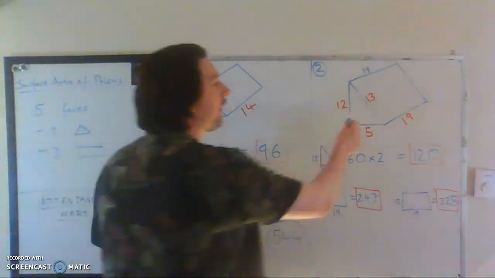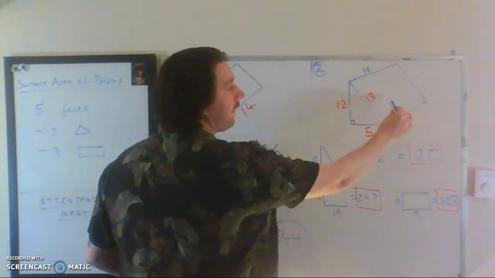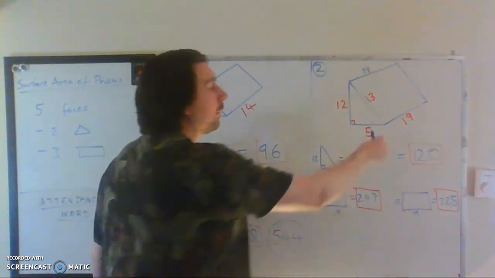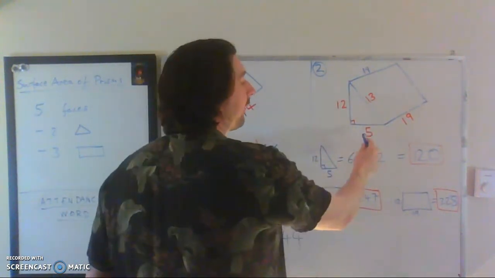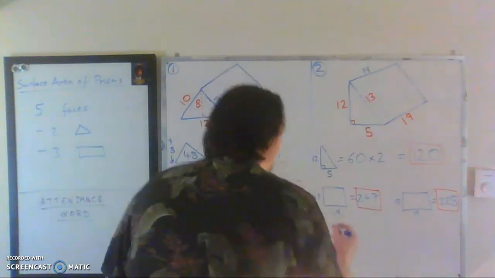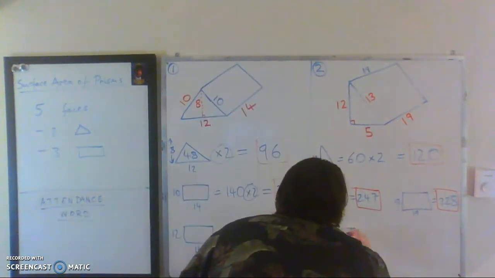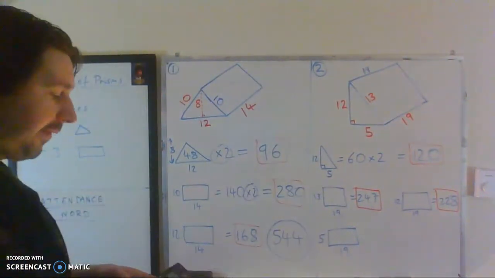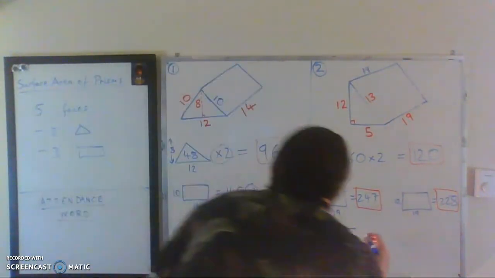I've got the two triangles. I've got this one here. I've got the invisible one in the back. And now the invisible one underneath. It's going to be 5 and 19. 5 times 19 is 95.